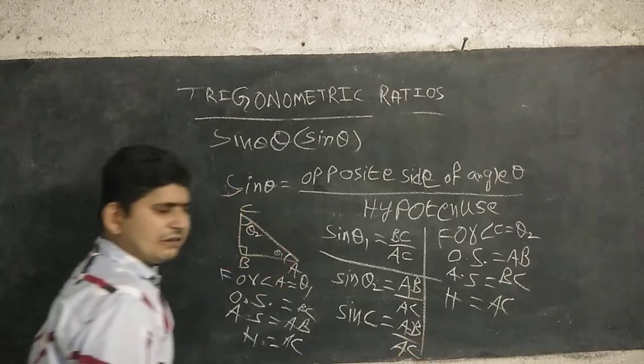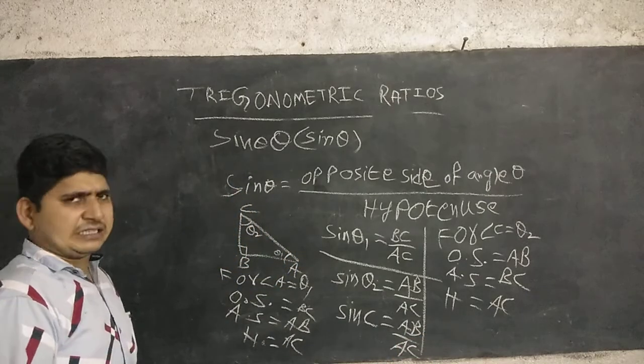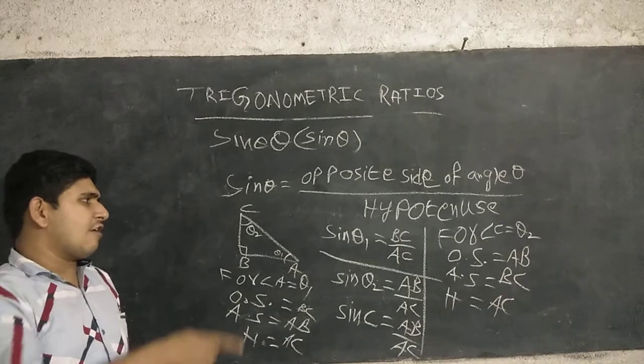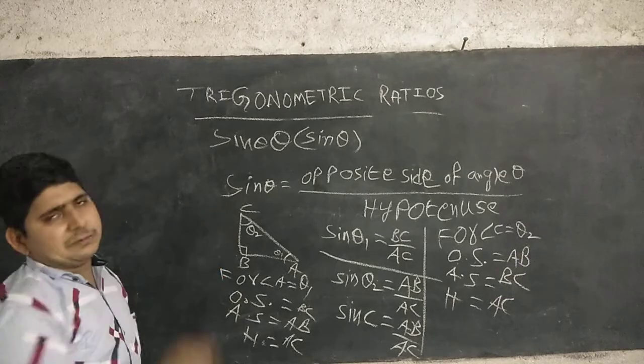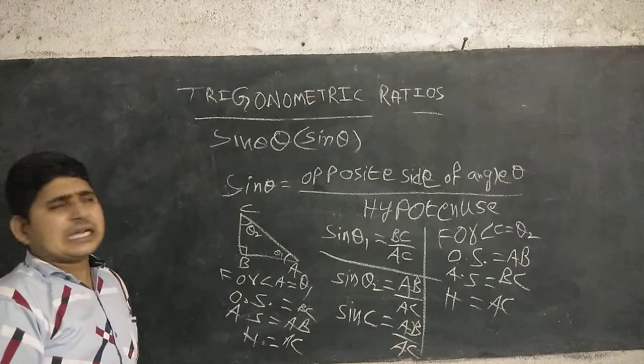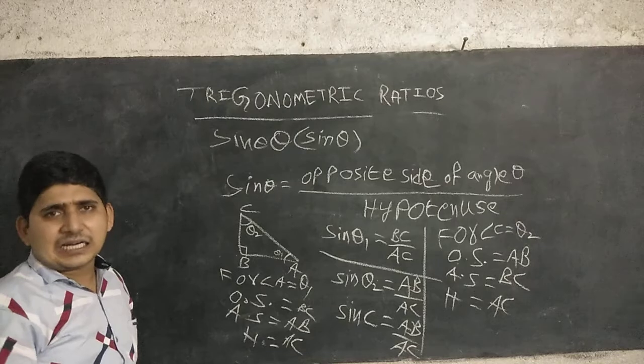In this way you can represent it. If theta 1 and theta 2 are not given, then we can represent the angle with the help of the point name where the angle is located.